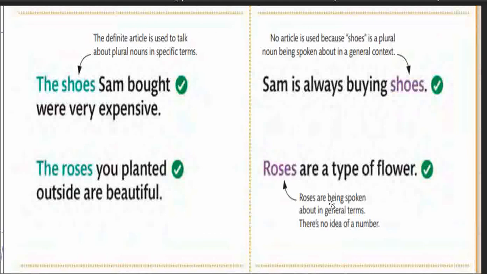Why? Roses are being spoken about in general terms. There is no idea of a number. We don't know how many roses, red color rose, black color rose, white color rose, yellow color rose. We don't know. It is spoken in general. So that is why roses are a type of flower. So we don't use the or a before it.